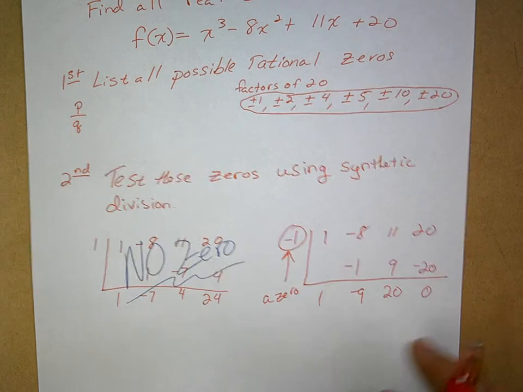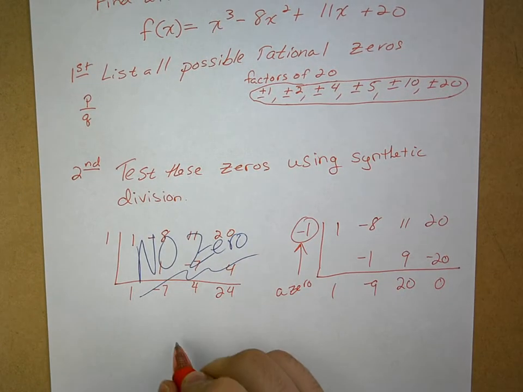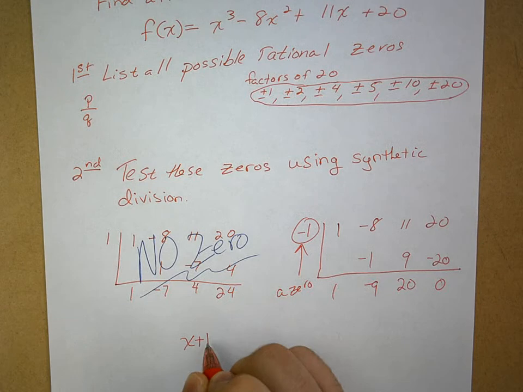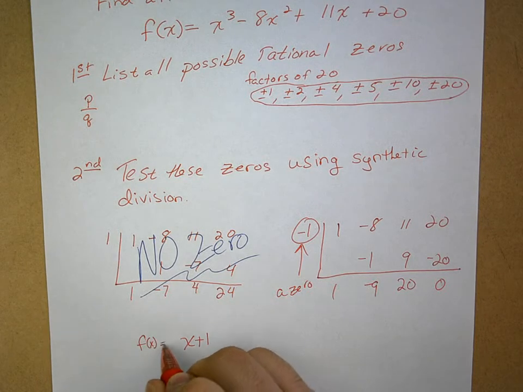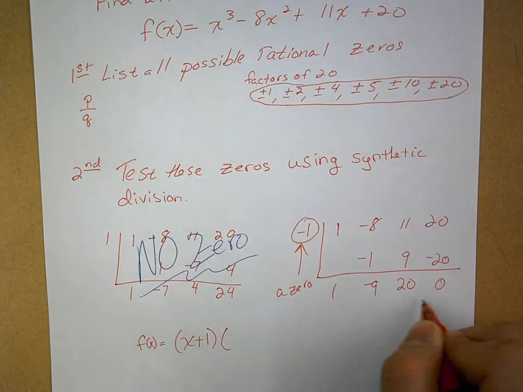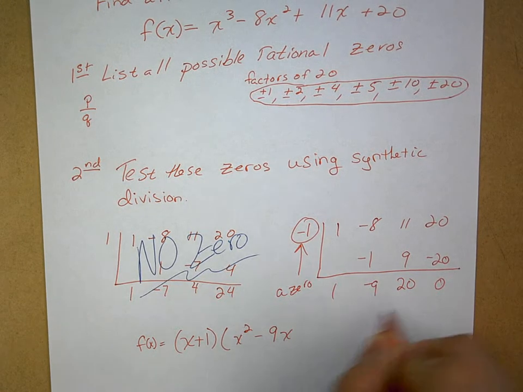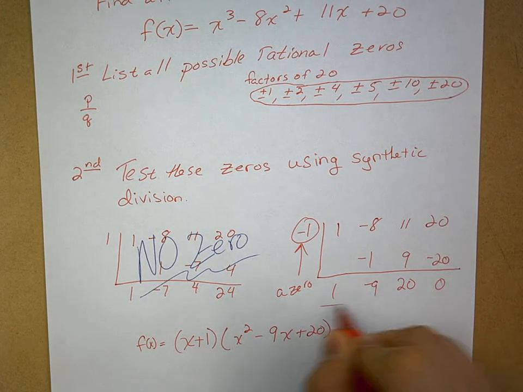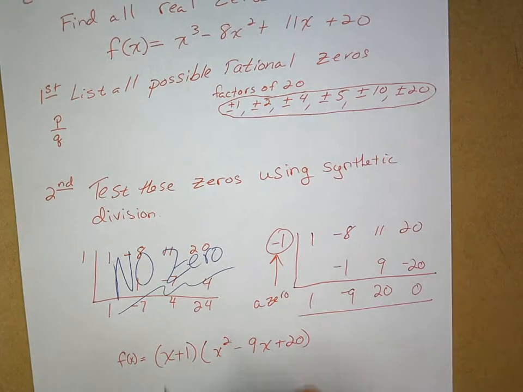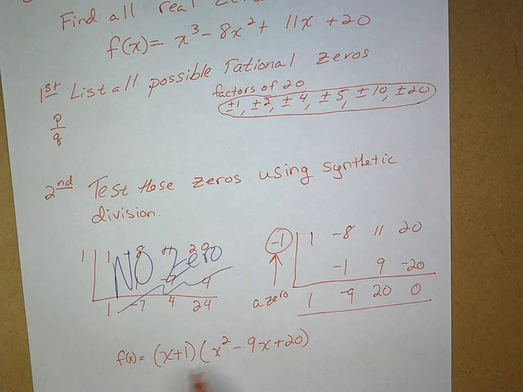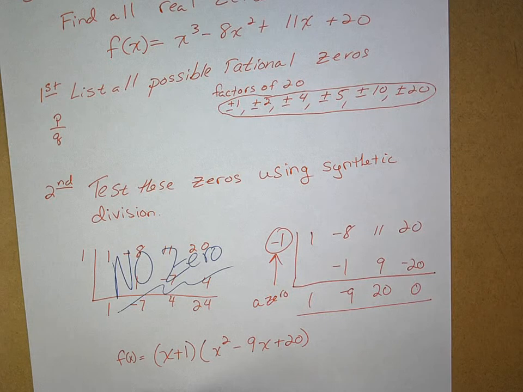Okay? So now we can write the function as x plus 1 times x squared minus 9x plus 20, using our synthetic division from over here. We could factor this out more in order to find all of our real zeros.